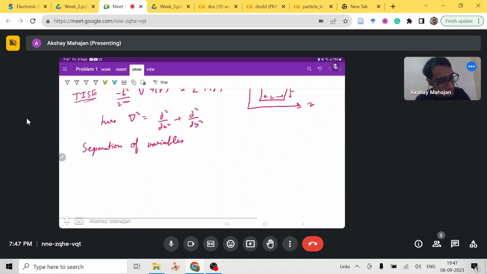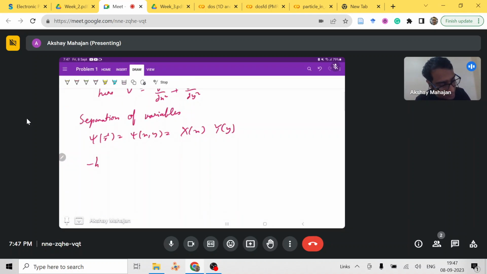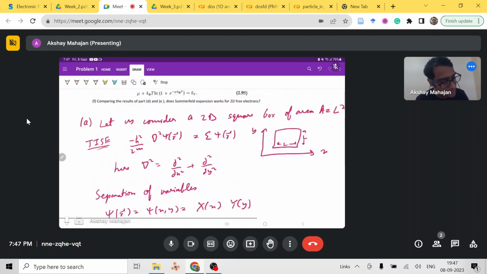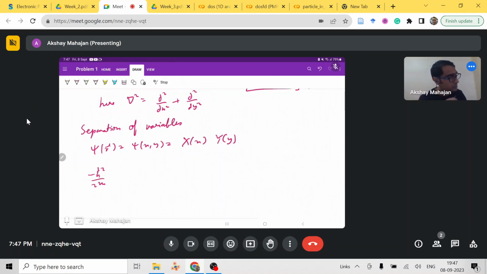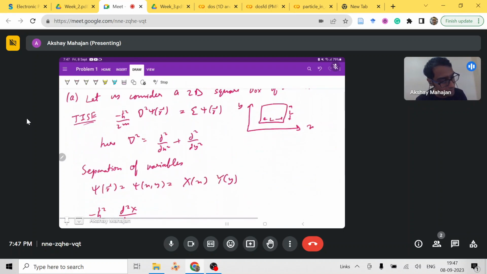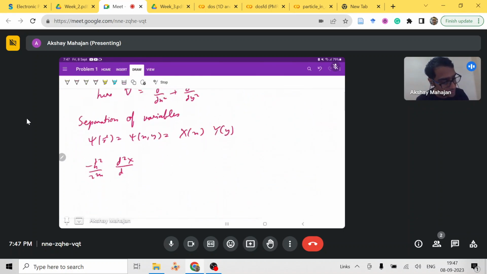Alright, so I can write psi of r vector now, which is a function of x and y, as capital X of x times capital Y of y. Alright, so we have minus h bar squared by 2m. Right, I am doing this. Now because of this, if I put this in the equation here, we will get these two equations.